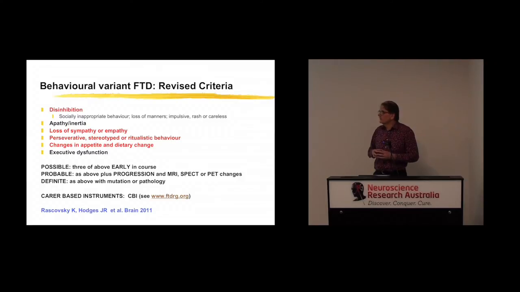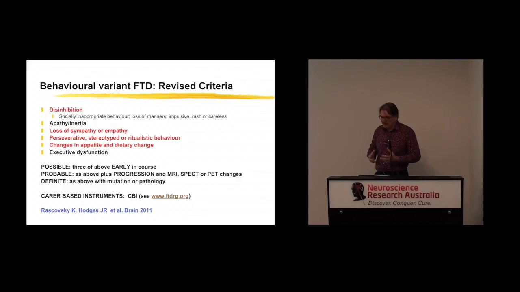A loss of empathy and sympathy and care for others. Strange, perseverative, repetitive patterns of behaviour. Changes in appetite and food intake, with overconsumption of food and craving sweet food.